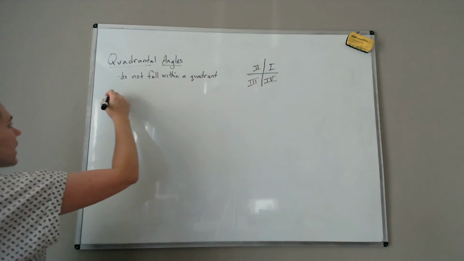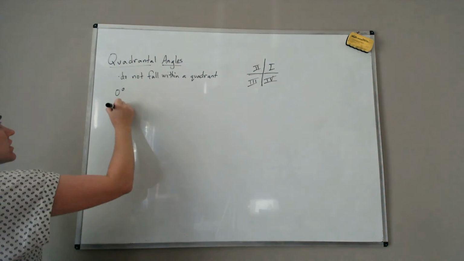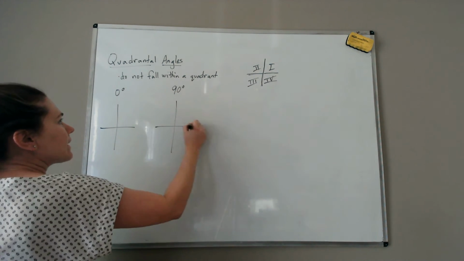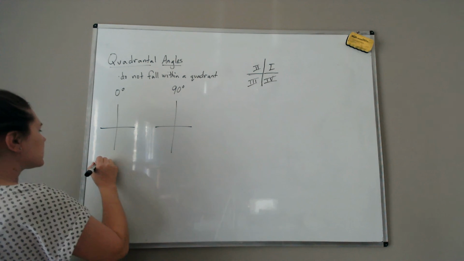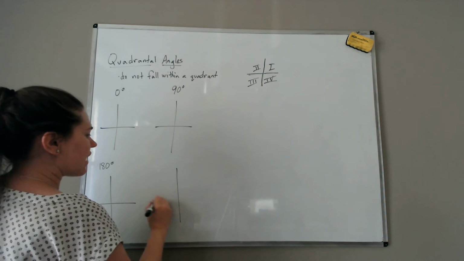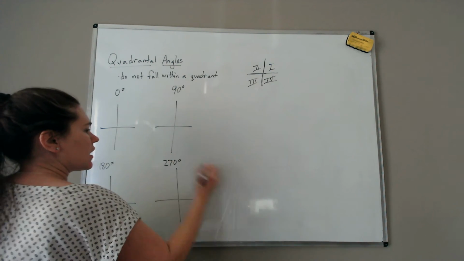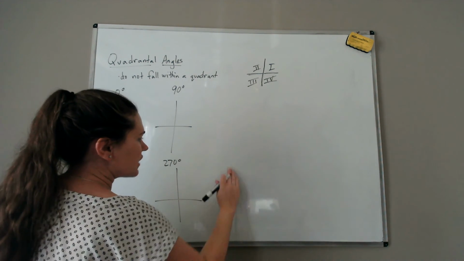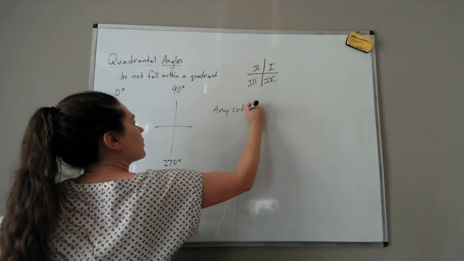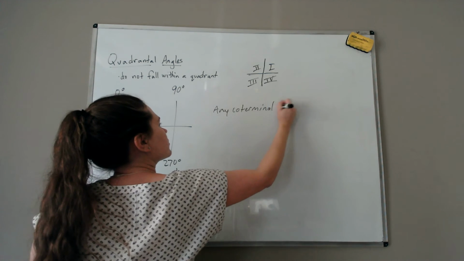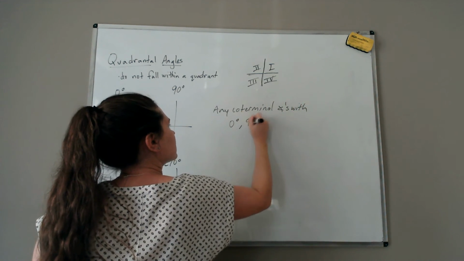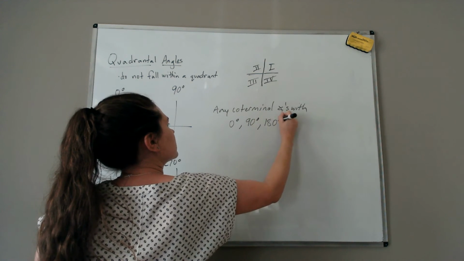Okay, so we have 0 degrees, 90 degrees, 180 degrees, 270 degrees, and any coterminal angles with 0 degrees, 90 degrees, 180 degrees, 270 degrees.